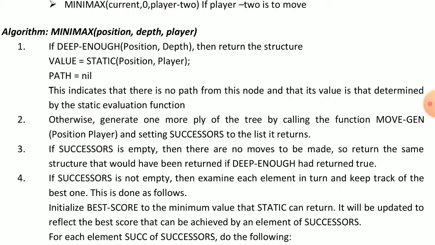Now if our successors is empty, then we cannot move to any node and then we return the same structure, okay, and then we return the true deep enough.